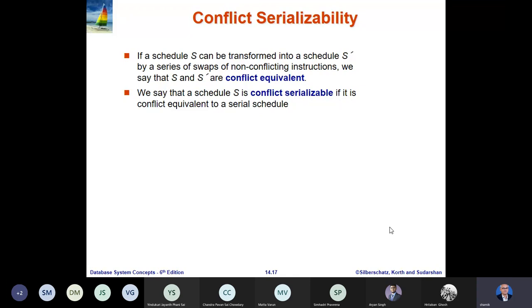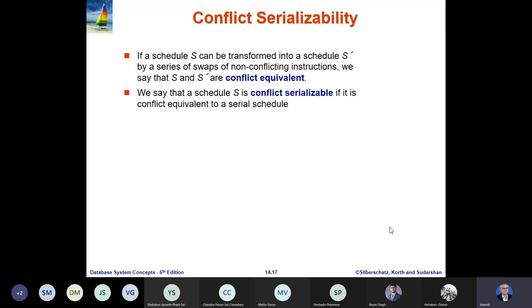That means that if S is conflict equivalent to S prime and S prime is a serial schedule, then S is a conflict serializable schedule. Again I am repeating this: you can have two schedules S and S prime, both concurrent, and they may or may not be conflict equivalent to each other. But if S is conflict equivalent to S prime, and S prime is a serial schedule, then we say S is a conflict serializable schedule.